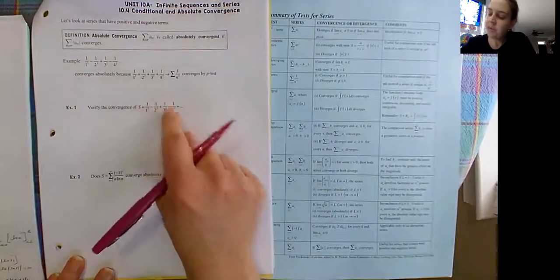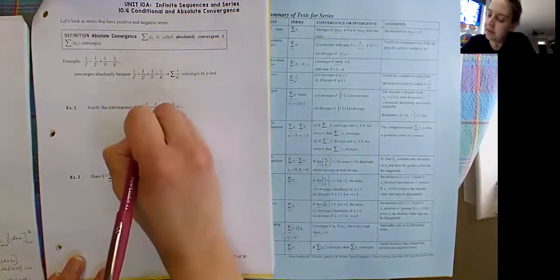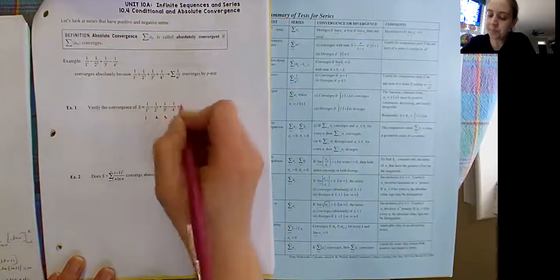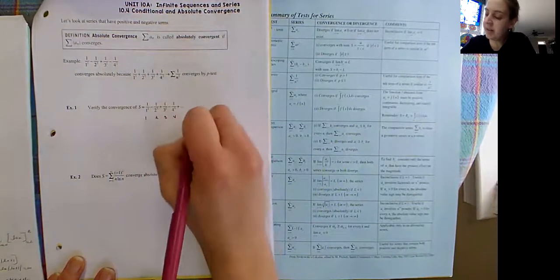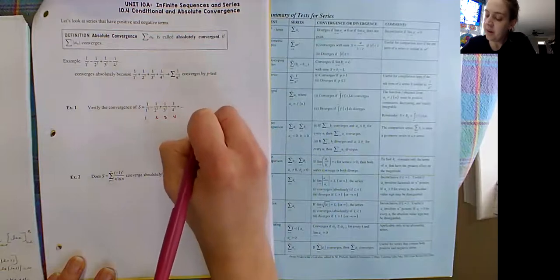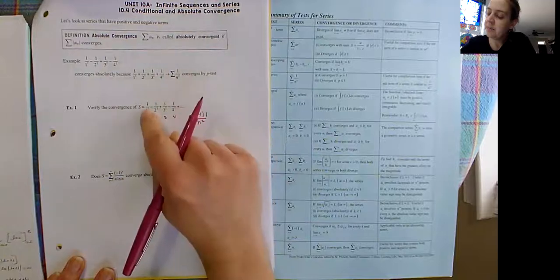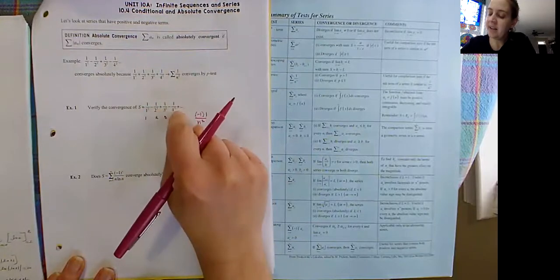If we look at the formula for this, this is the first term, the second term, the third term, the fourth term. This is going to be something over n squared. And it changes signs. There's definitely a 1 there. But positive, negative, positive, negative.